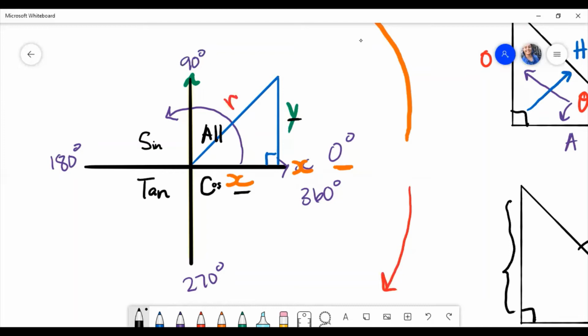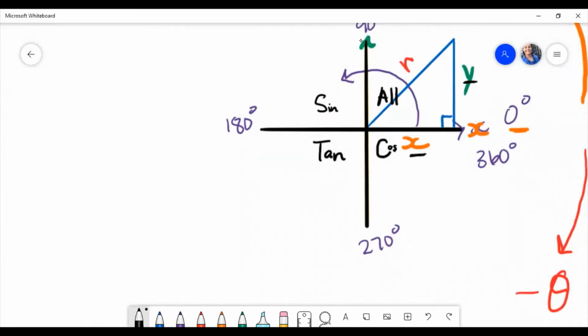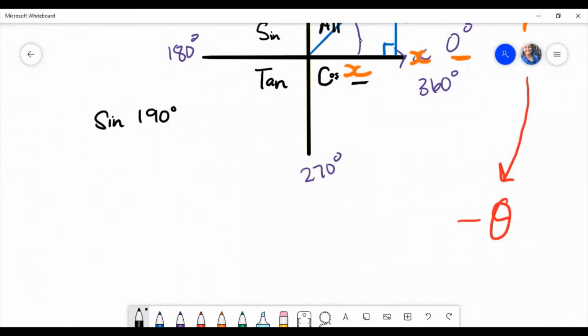So now, when I work with this, I am going to take something, for example, sine of 190 degrees. And I'm going to ask myself, but this is a very big angle. It's an obtuse angle.